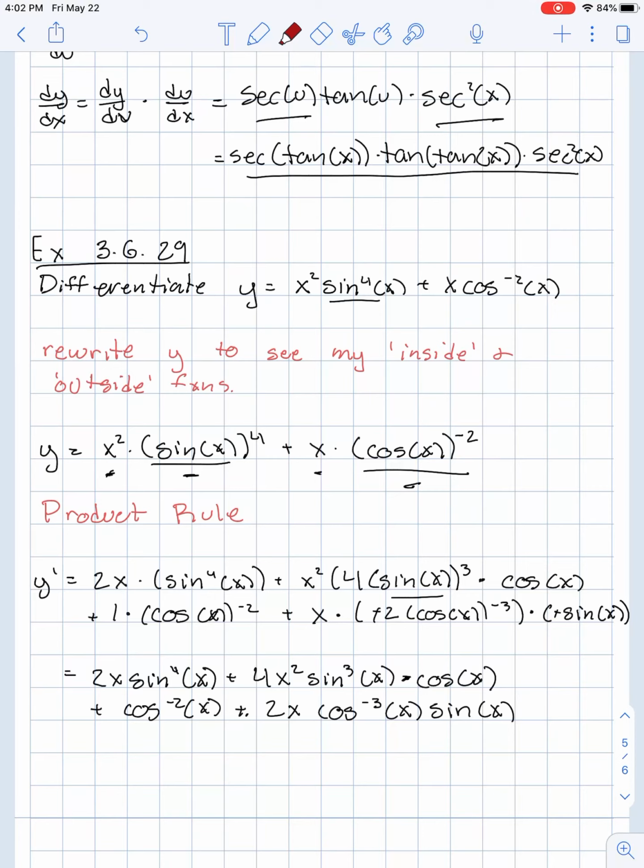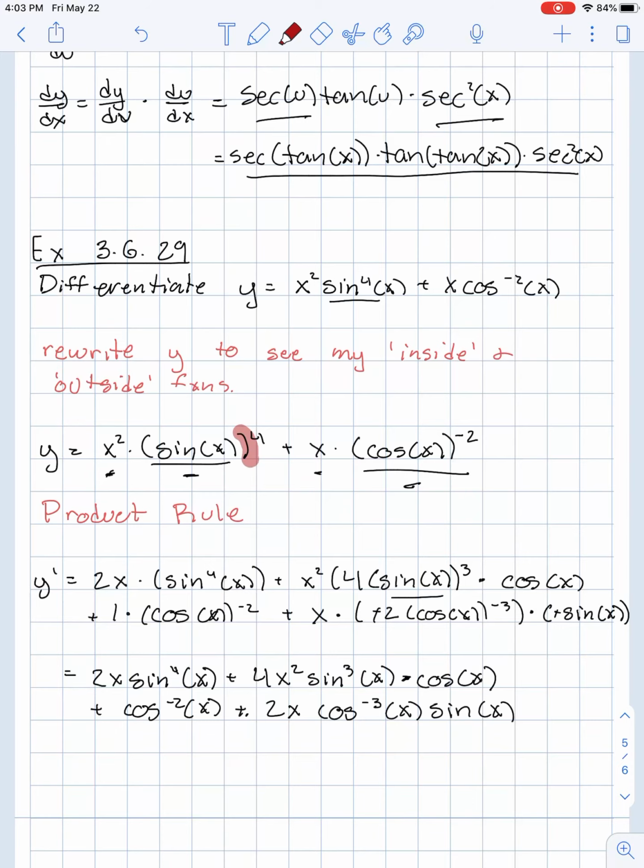So my first terms are separated by a plus and minus. So x squared, we're not really looking at him right now just because I know it's product rule, so I have a function of x times another function of x, which is the sine of x to the fourth.